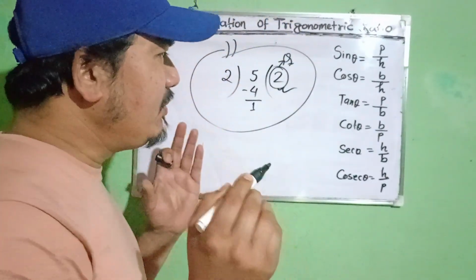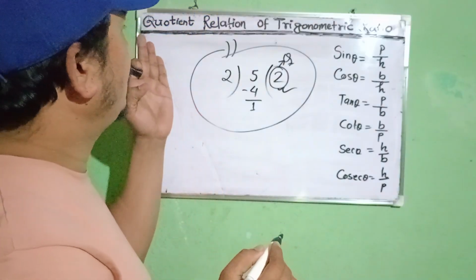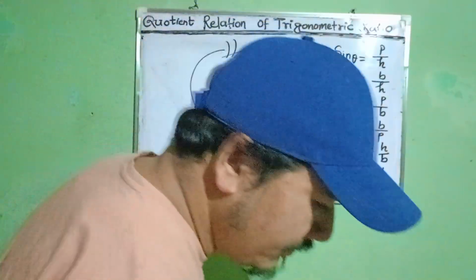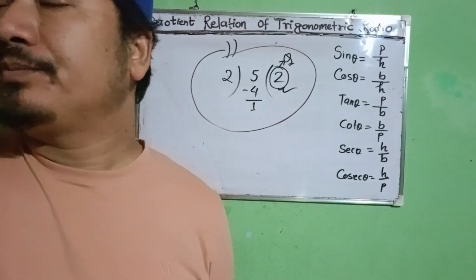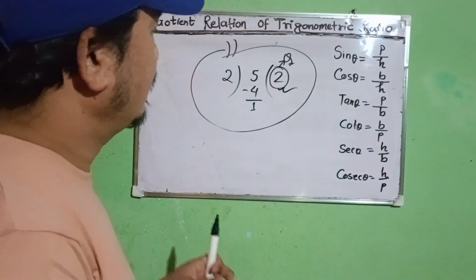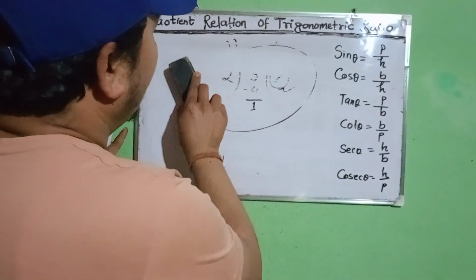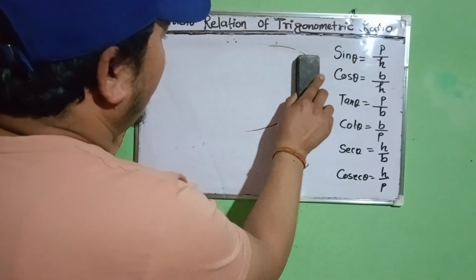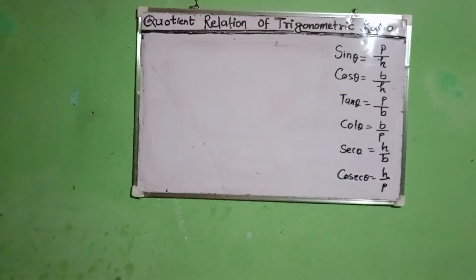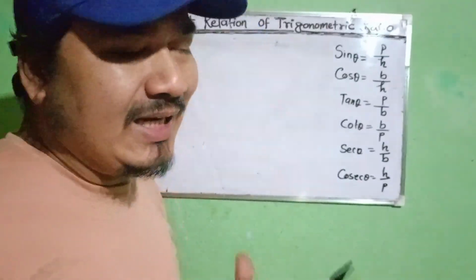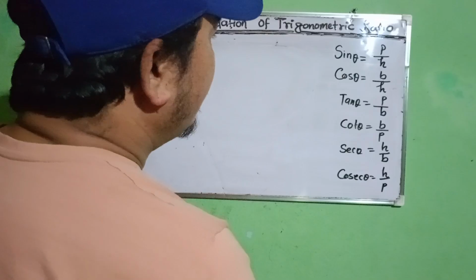The similar thing we have to use to find the quotient relations. Now let's divide, starting with the first value.